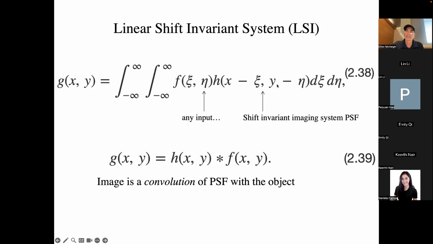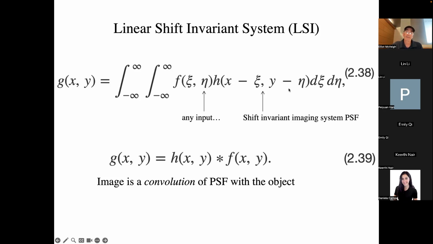So let's go back and look at this integral once again. Now that we have a point spread function that really is only dependent on two free variables, this first argument and second argument, when I put that in and perform the same multiplication of my true object with the point spread function, and I integrate over the whole field of view, this is the new integral I have.